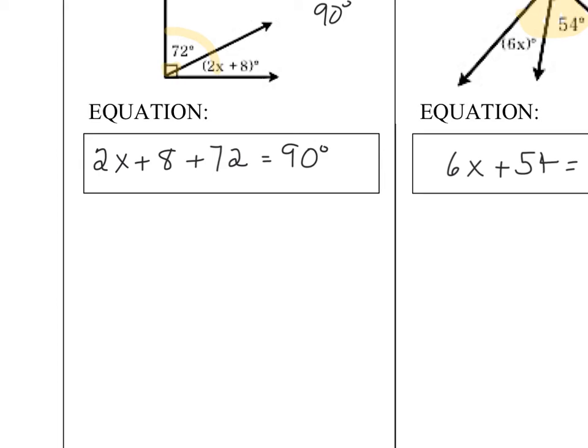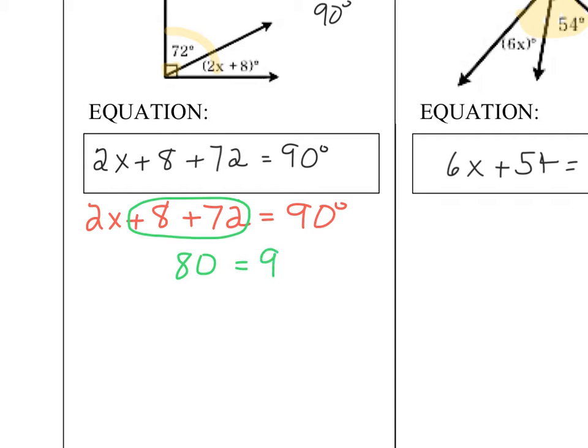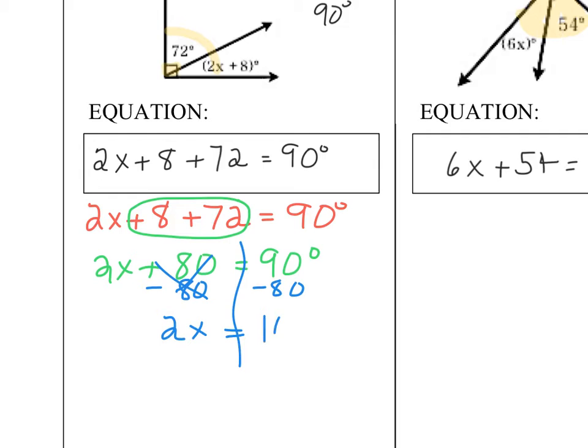Okay, I'm going to rewrite them over. 2x plus 8 plus 72 equals 90 degrees. I'm going to combine. That'll give me 80. Okay, and then I'm going to subtract 80 on both sides. 2x equals 10. Divide by 2. Divide by 2. X equals 5.